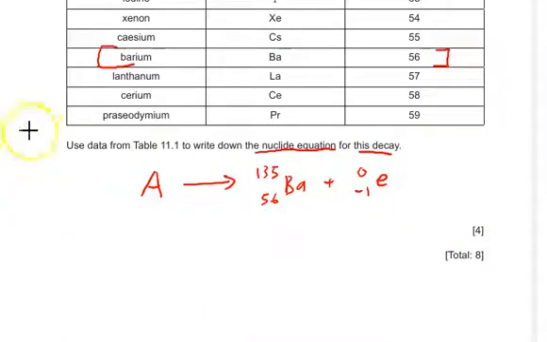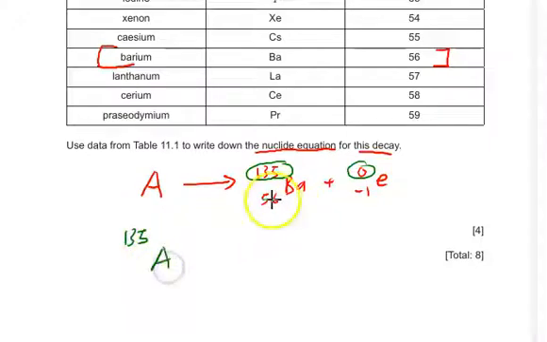The total number of nucleons should be the same, so 135, and here you have to total up and get the same value. So 56 plus negative 1, here you will get about 55.